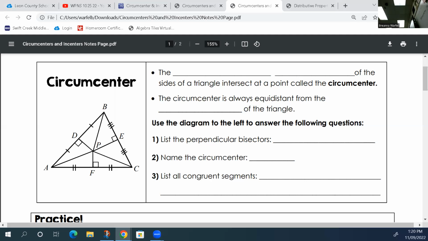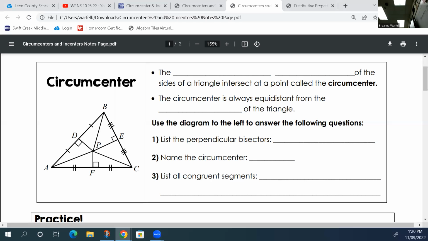The first thing is AP is congruent to BP, which is congruent to CP. So they're telling you that the segments from the vertex to the circumcenter point, all of these, are congruent.